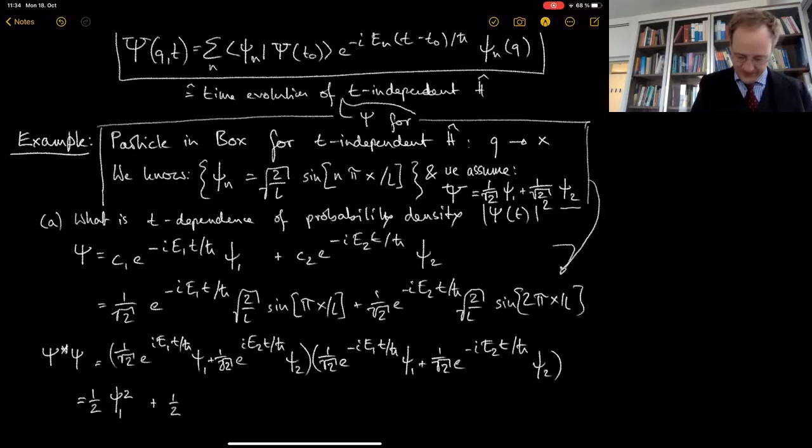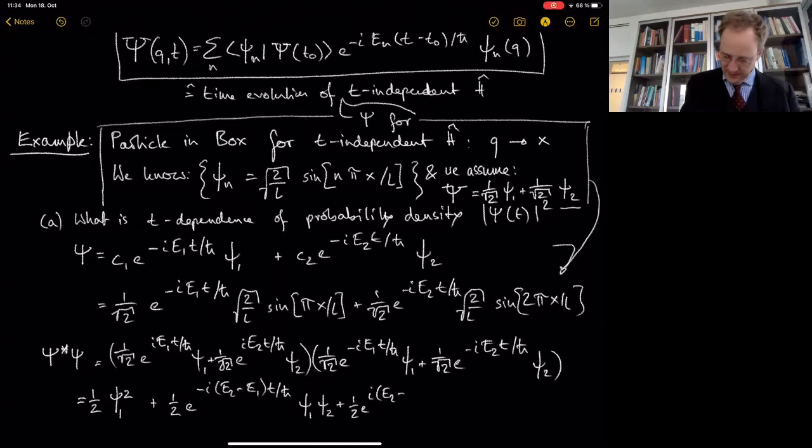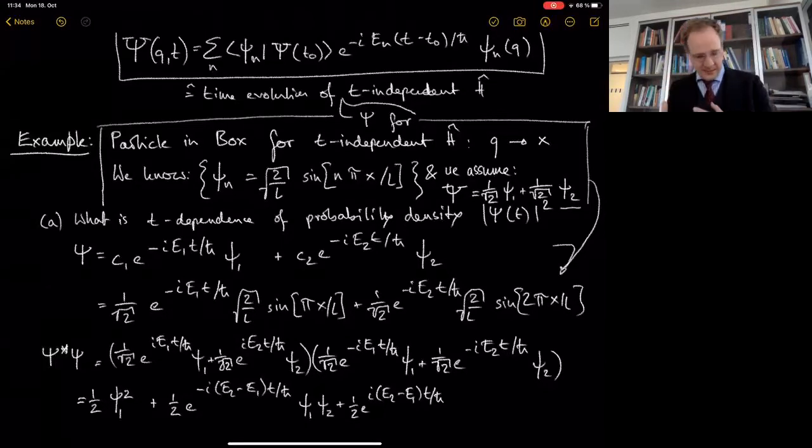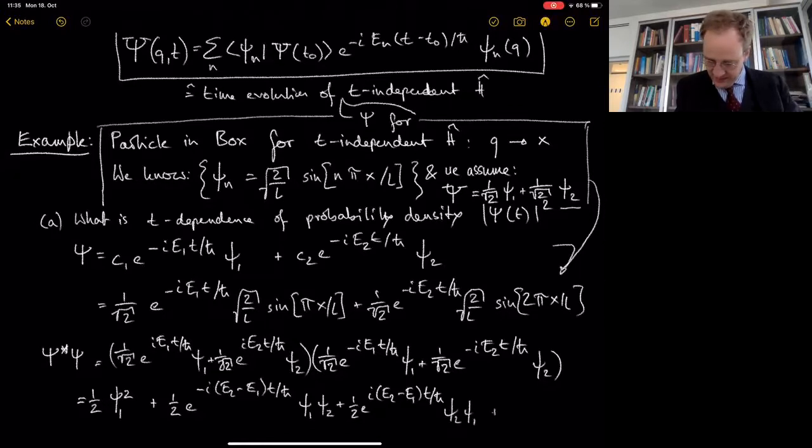And then we have 1/2 e to the minus i (E2 minus E1) t over h bar, and this is psi 1 times psi 2, plus 1/2 e to the i (E2 minus E1) t over h bar, right? So psi 1 times psi 2 versus psi 2 times psi 1, we write it out like this. And then we have, again, the psi 2 squared.